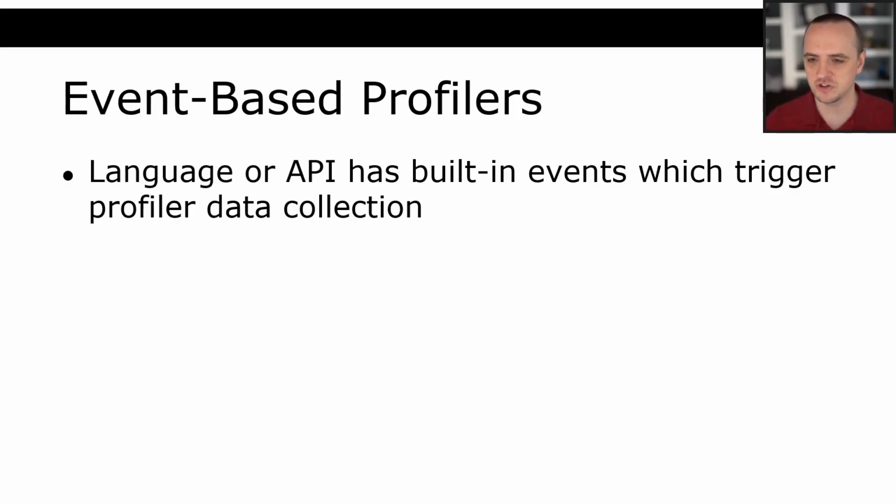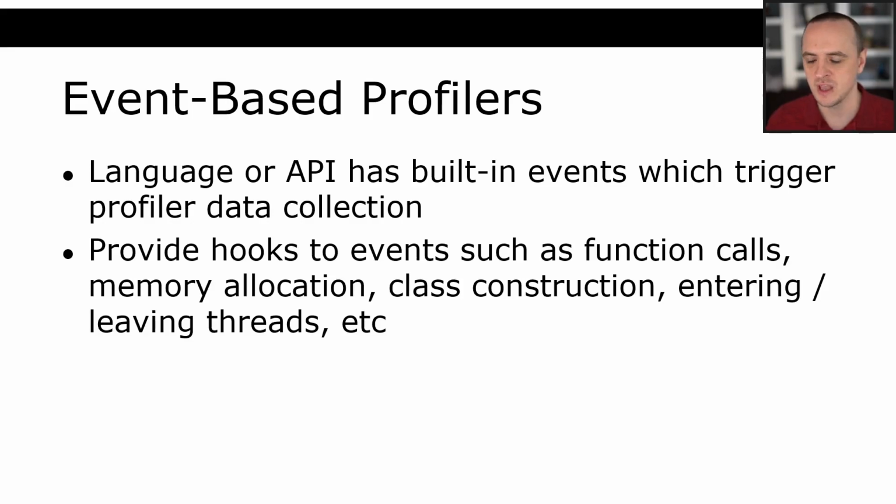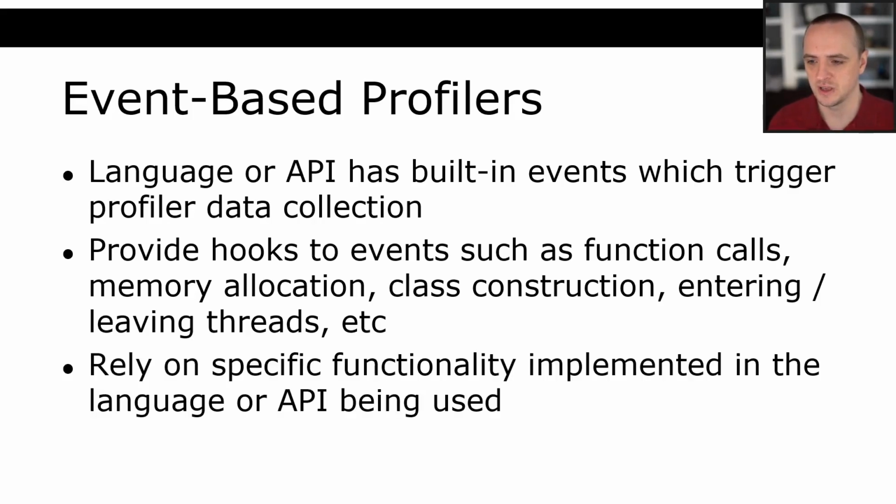Some language or API may have built-in events which trigger profile data collection. That means they provide hooks to events such as function calls, memory allocation, class construction, entering or leaving threads, etc. They rely on specific functionality implemented in the language or the API that's being used.